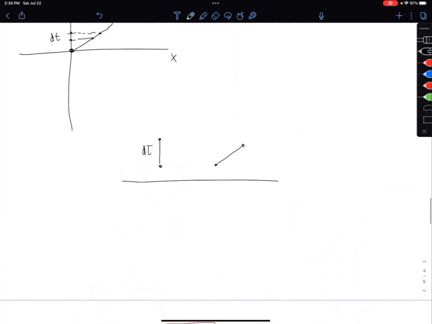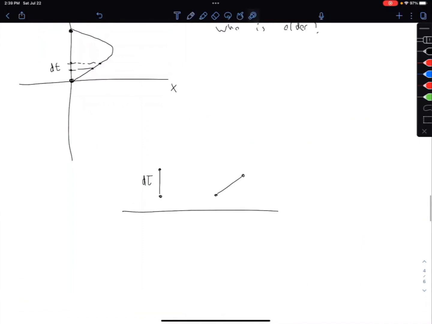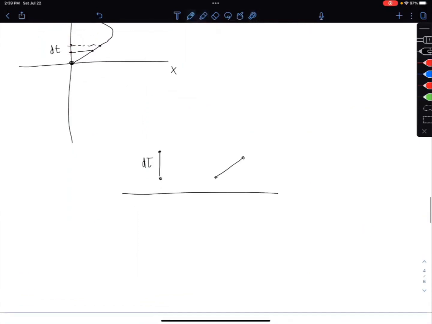What this means is that the proper time between these events over here is just going to be dt, but between these events here, at least its square is going to be dt² minus dx².